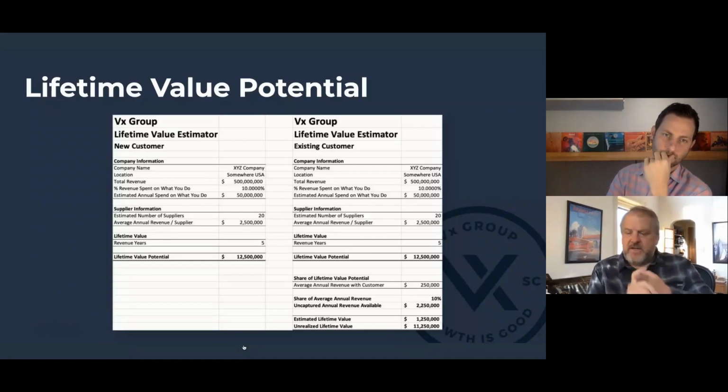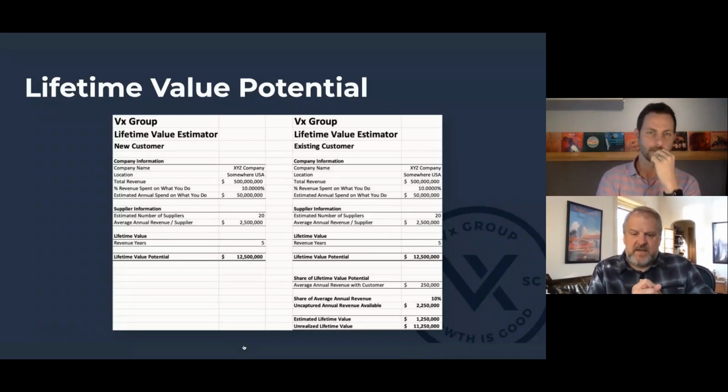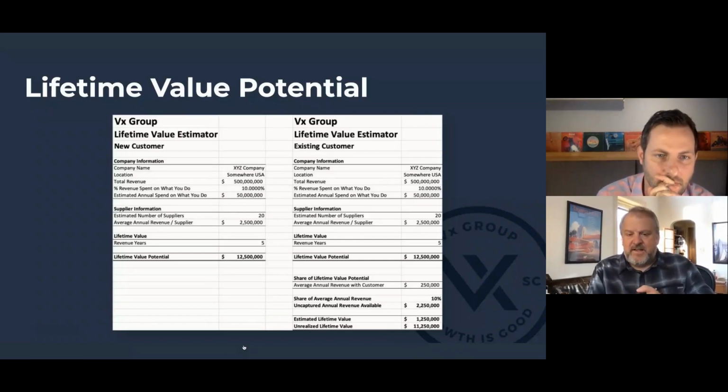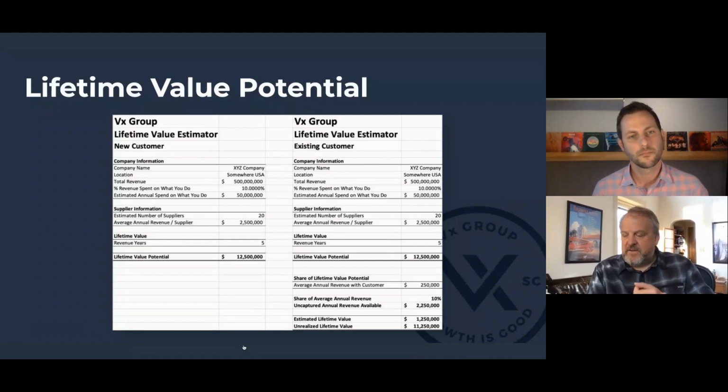So if you're only doing $250,000 a year, but the potential is much higher than that, in this case, you end up with an estimated lifetime value of $1.25 million. Still good business, but you've left $11.25 million on the table. And that would be a shame because they're already a customer. You're already in their system. You already have proven performance.